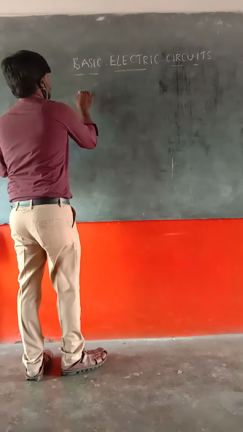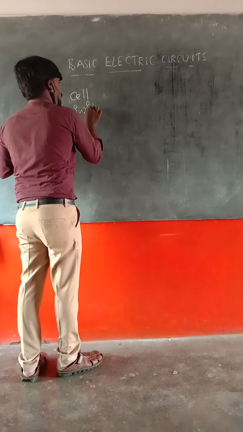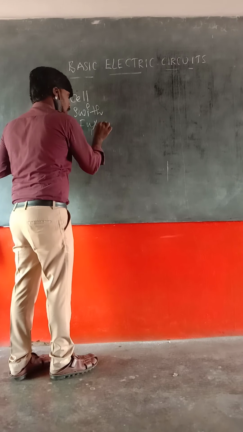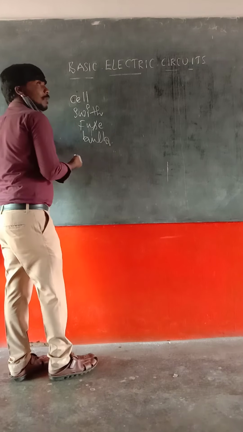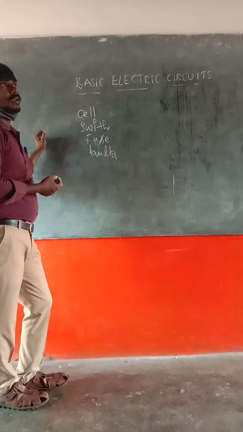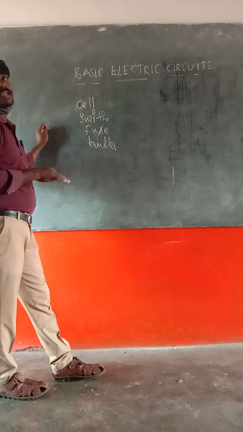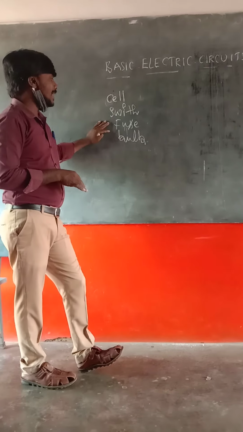Write the terms: cell, switch, and fuse, bulb, electrical bulb, tube light, plug. So many things are used in electric circuits. The cell and the bulb are already explained.